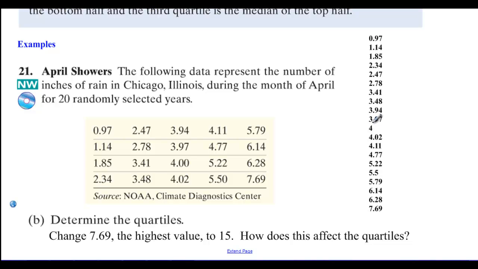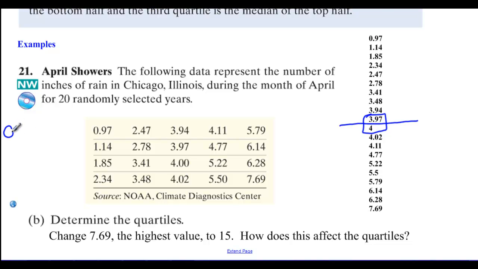All right, so I believe right here is about where our median is falling. So here are our 10th and 11th pieces of data. So the median is going to fall right in the middle. And so we need to find the average, or the mean, of these 2 numbers.